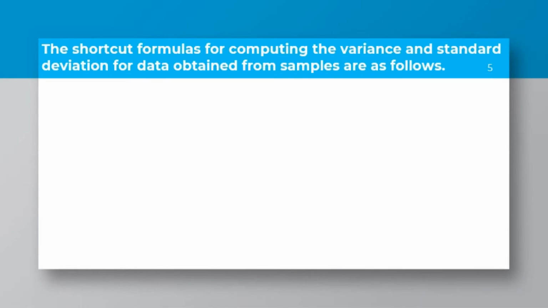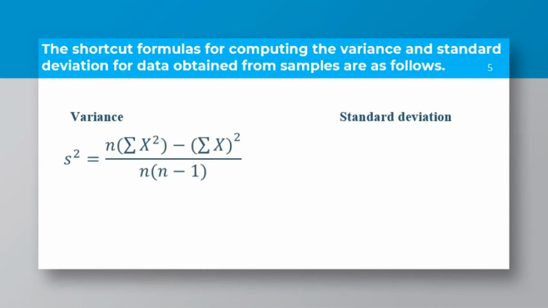The shortcut formulas for computing the variance and the standard deviation for data obtained from samples are as follows. For variance, this is the shortcut formula. And for standard deviation, this is the shortcut formula.